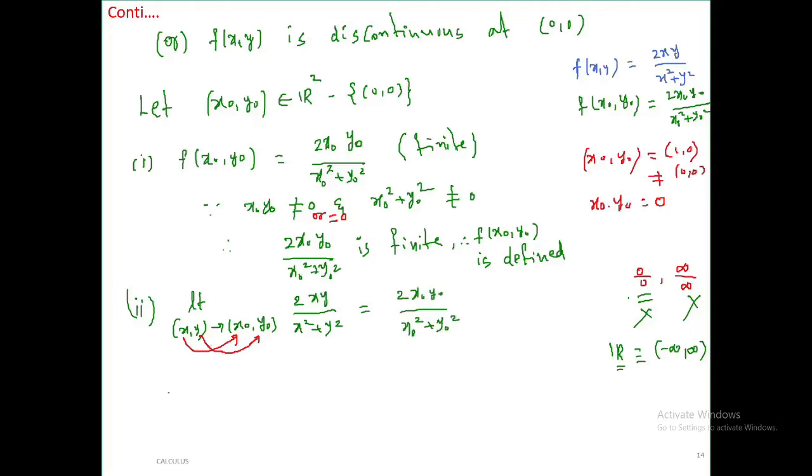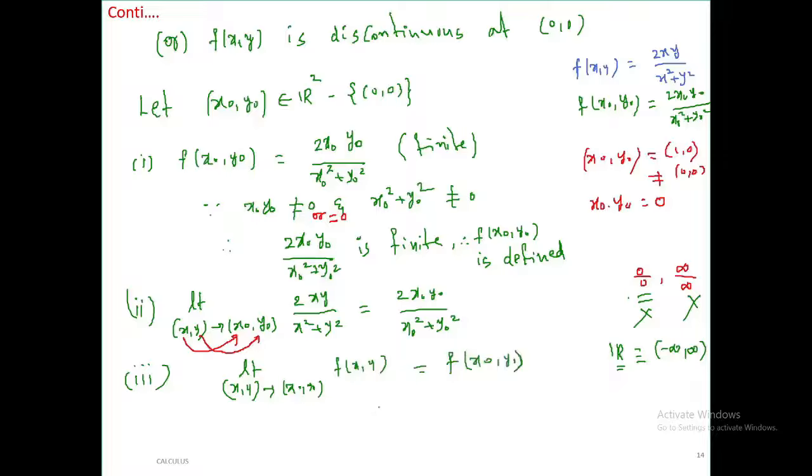So the final conclusion is: what is the third condition? Both should be equal, right? The limit as x comma y reaches x naught y naught of the function f of x comma y should equal f of x naught y naught. Are they equal? Let us verify.